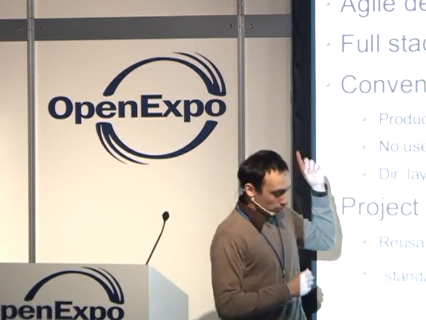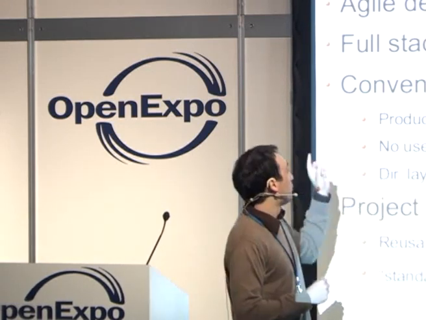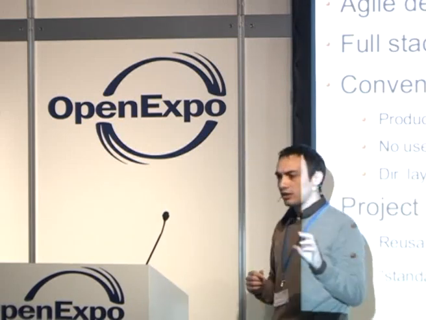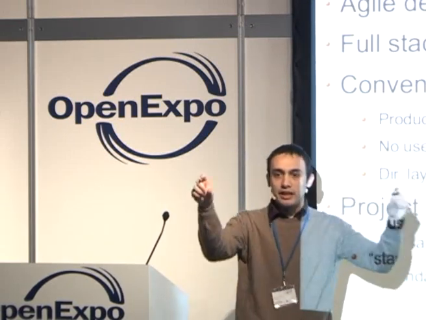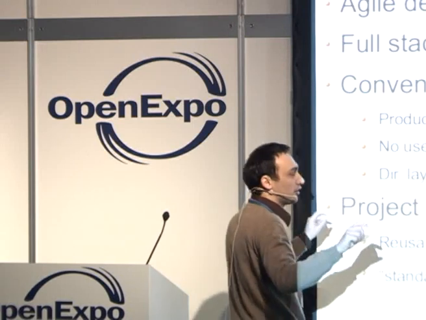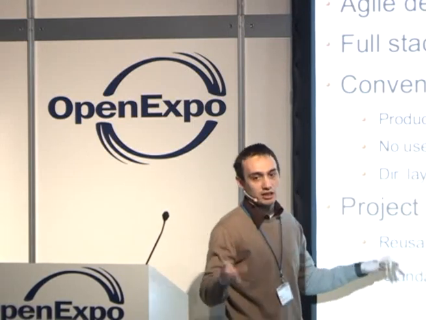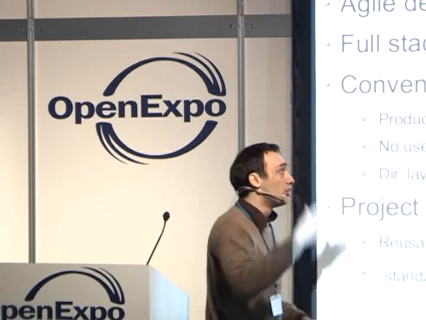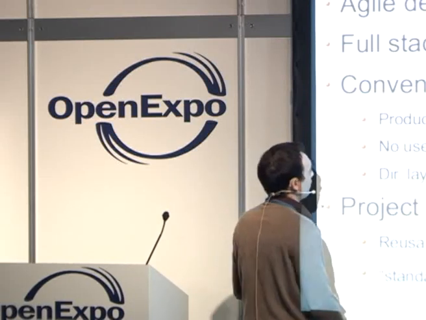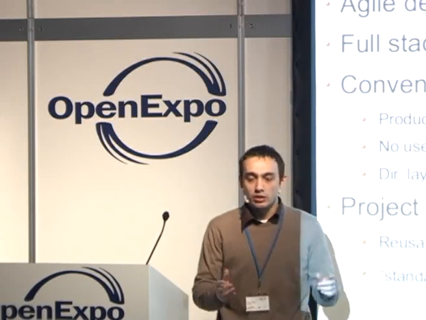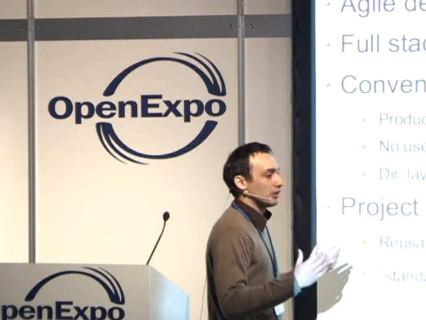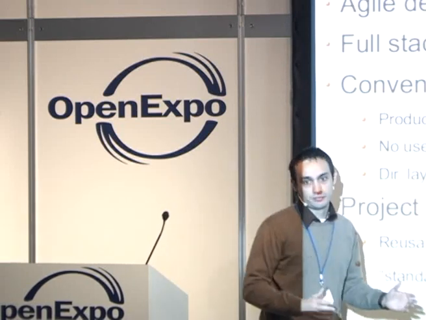One very important thing is the full stack approach. When you get Rails, you don't get just a UI layer framework or a middle tier framework or a database access layer. You get the whole stack from the UI to the database. And even more, with Rails, you also get a standard project structure.